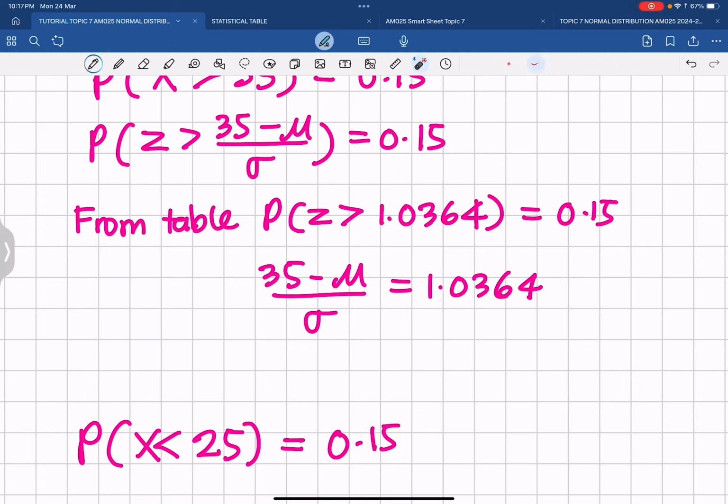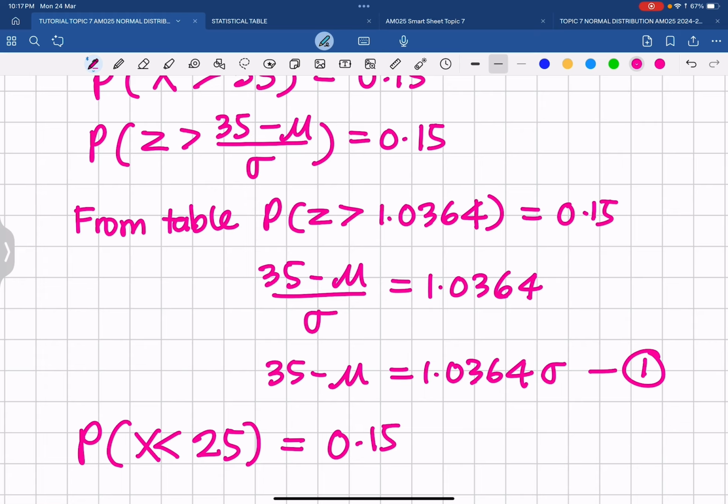Then we can cross multiply the standard deviation to the right hand side. So we get 35 minus the mean equals 1.0364 standard deviation. So that is the first equation.